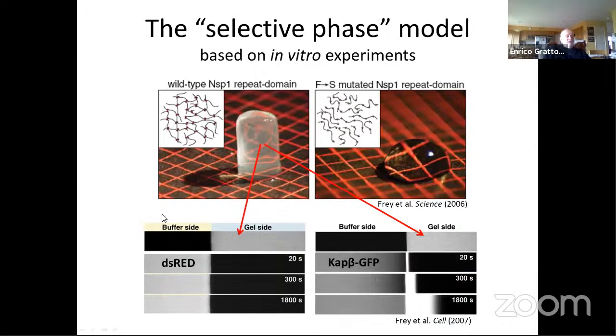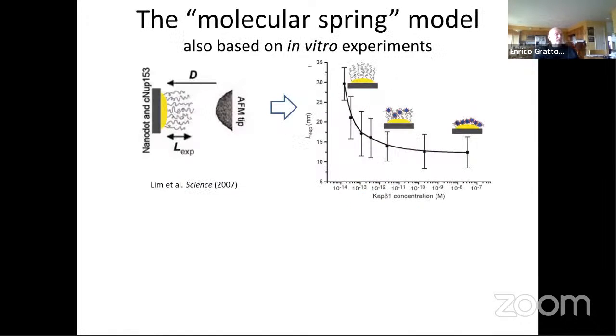For example, you have a buffer side and a gel side, and then you add a protein marked with DsRed, and after a very long time, everything you have on the buffer side will be found inside. Based on that, they say the interaction with this protein will break the bonds, eventually form a liquid, and things will pass through.